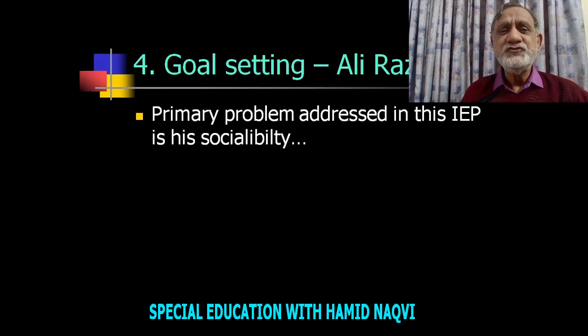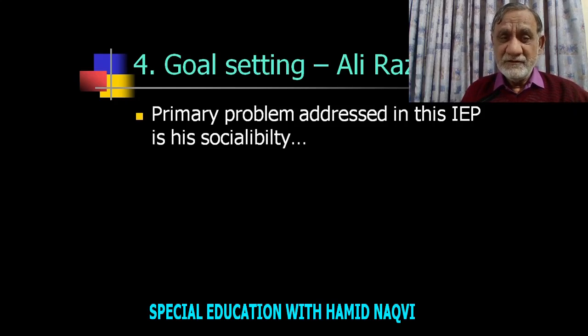IEP is usually for one problem. One problem is usually addressed in the IEP of one student, right? But in certain cases, you may set goals that this is our primary goal, and since the secondary goal is also relevant or connected, the secondary goal should also be taken care of.